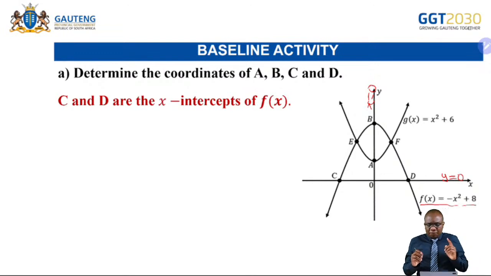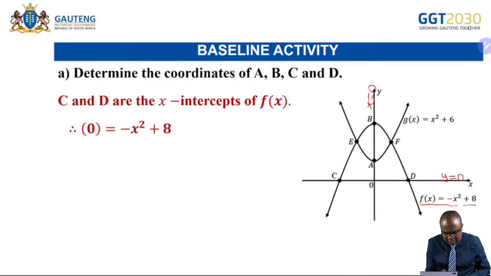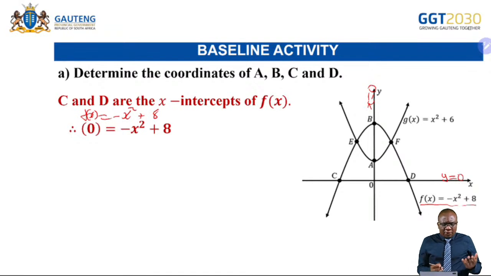So now, C and D are on the x-axis, so their y coordinates for C and D are 0. So where there's y, we put 0. The equation is f of x is equal to negative x squared plus 8. Now, what do we do? We can transpose.